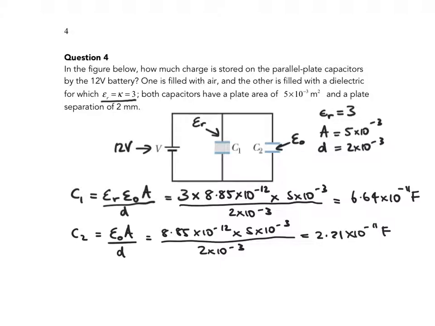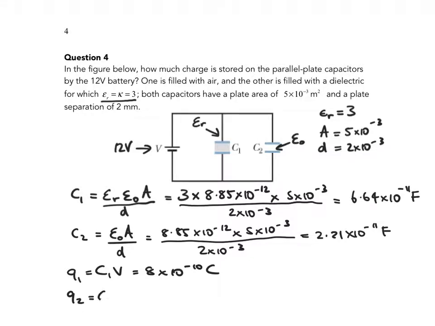So once we have our capacitances, we can work out what the charge is. That's what we're asked for: how much charge is stored in the parallel plate capacitors. So Q1 is just going to be C1 V. When we do that multiplication, we get 8 by 10 to the minus 10 coulombs.